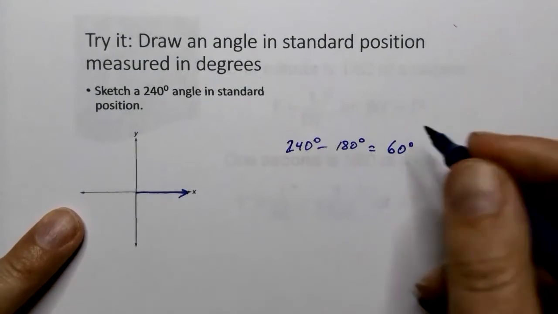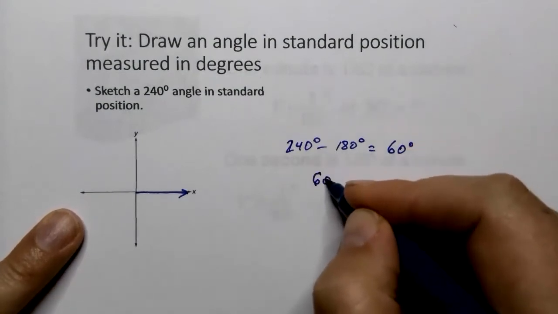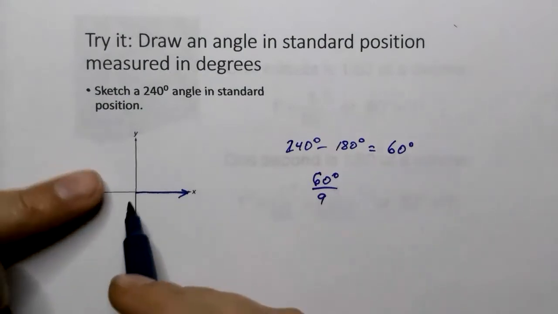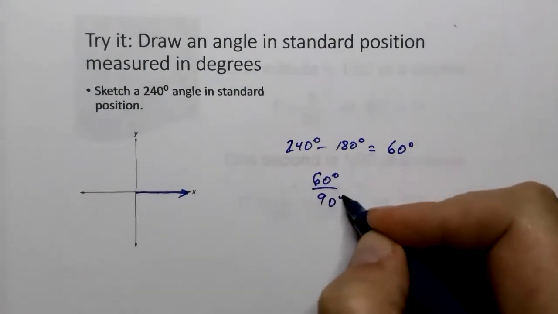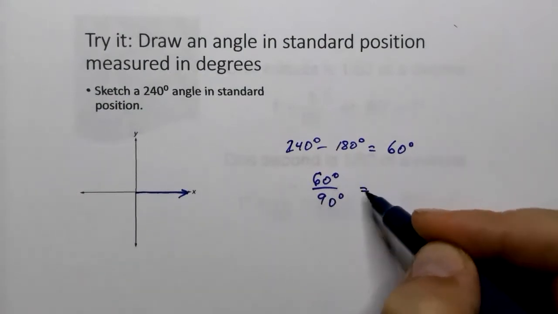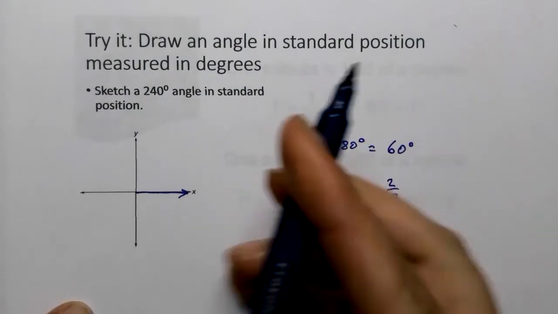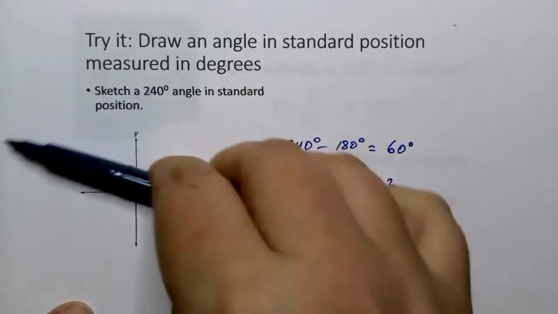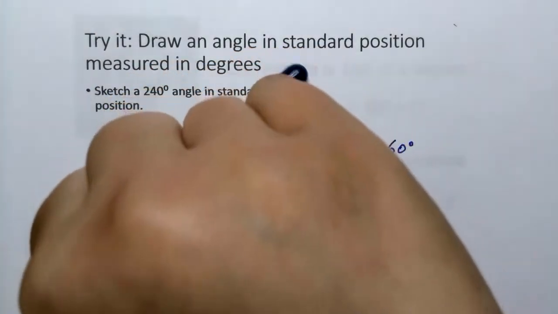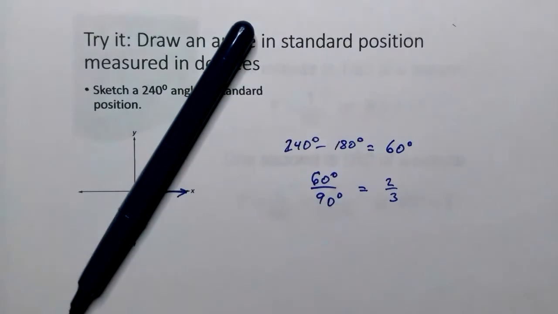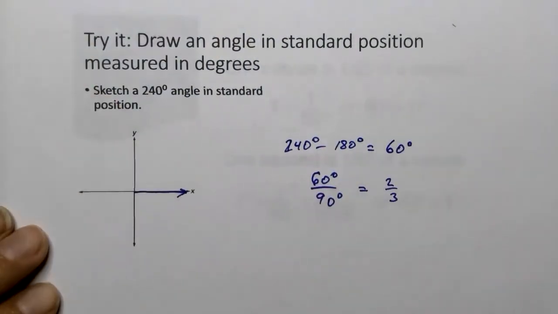Now, which portion of a 90-degree angle is it? Because we have this quarter here of 90 degrees. So if we simplify this fraction, you're going to get 2/3. So after you hit 180, it's 2/3 of the next 90-degree angle. So again, we're going to do mentally the same thing that we did here.